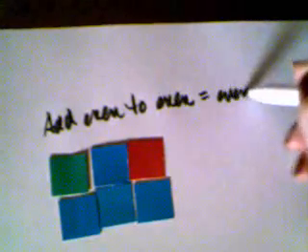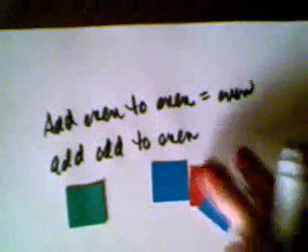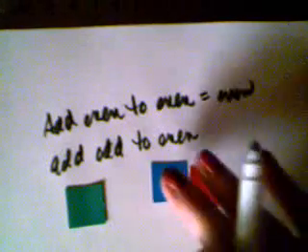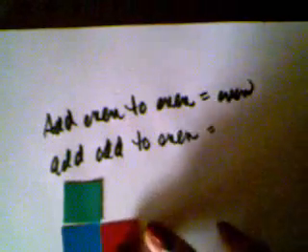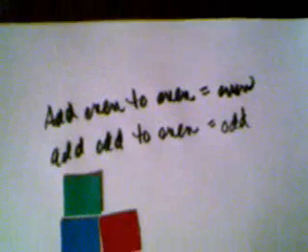If I can make a rectangle, then I know that I get even. If I add an odd to an even, 1 plus 2, can I make a rectangle? And the answer to that is no. So the sum is odd.